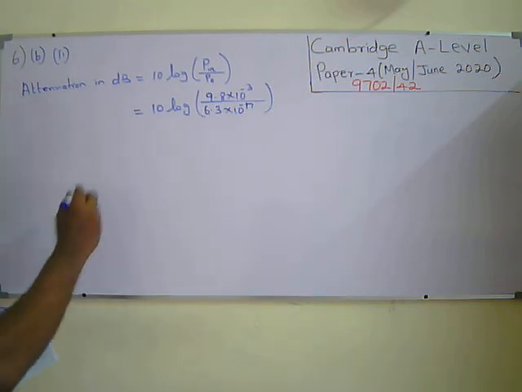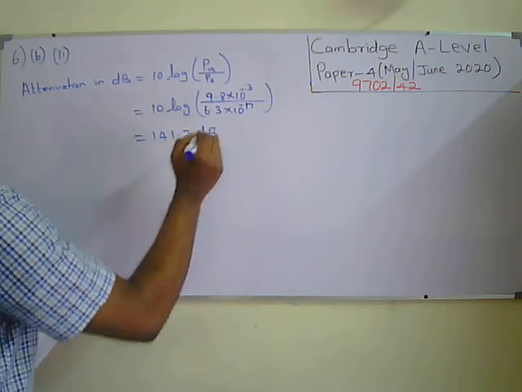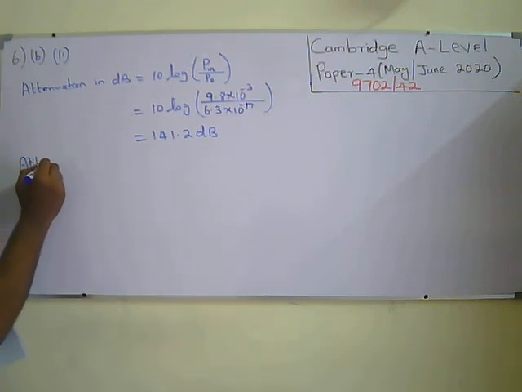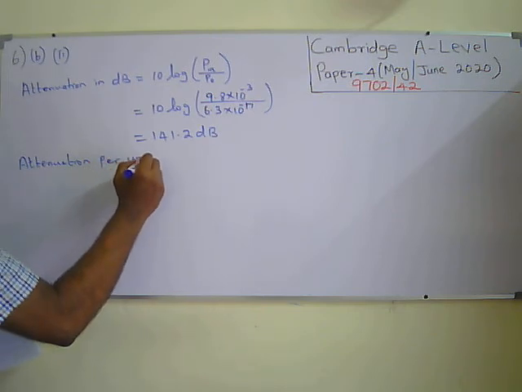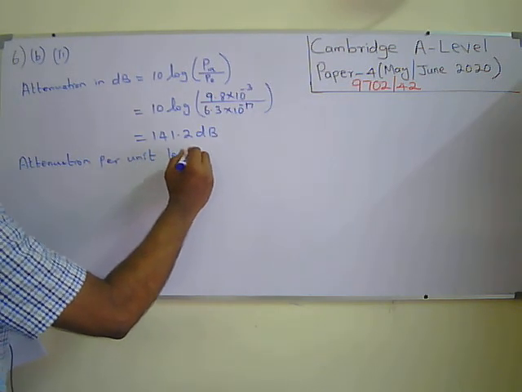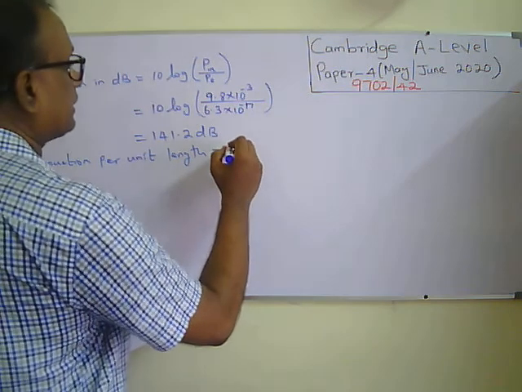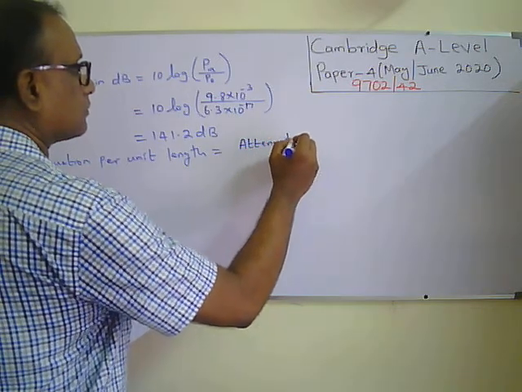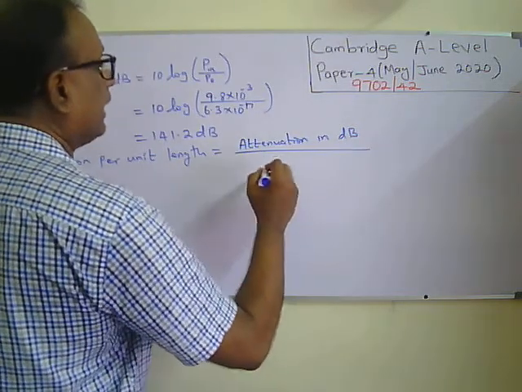So you will get for that 141.2 decibels. And we know that attenuation per unit length is given by attenuation in decibels divided by length.